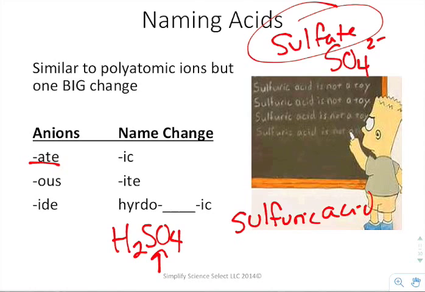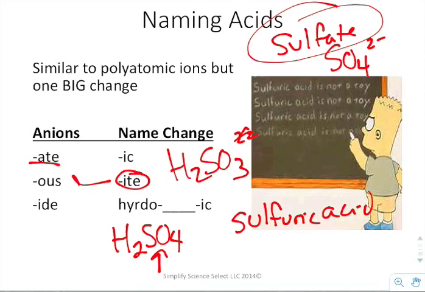Now, if you would have had SO3 instead, well, that's still a 2 minus charge, so it would be H2SO3. But instead of it being sulfate or sulfuric acid, because it's an ite, the ite goes to ous. Those are backwards right there. The ite is going to go to ous, and because of that, it's going to be sulfurous acid. And then finally, if it was just H2S, this is a sulfide.